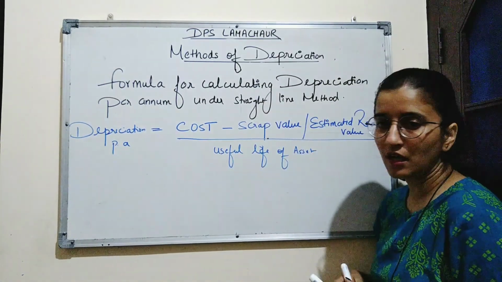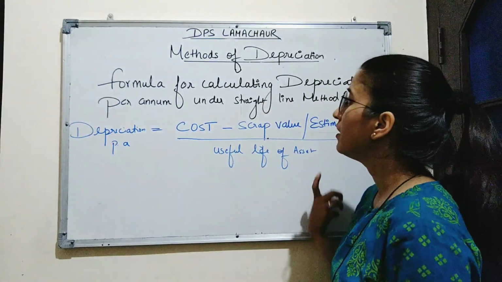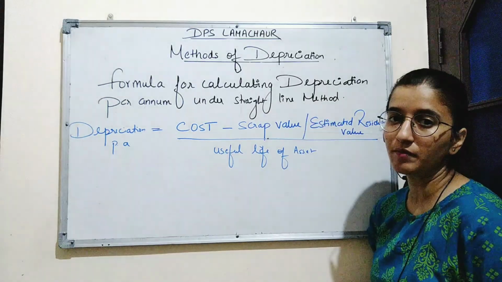So this is the formula for calculating depreciation per annum under straight line method.